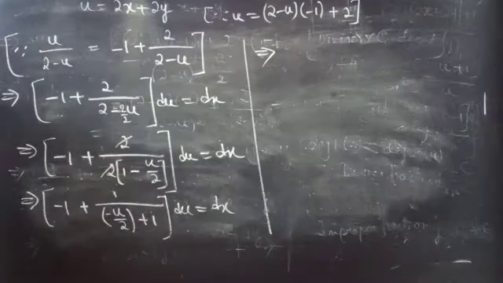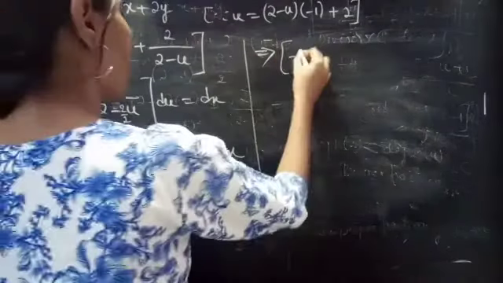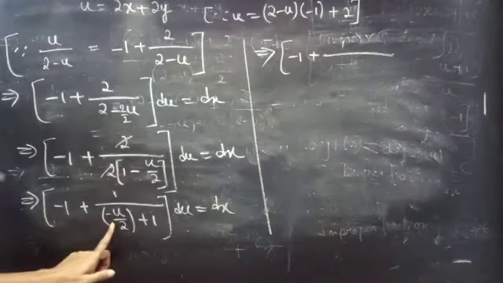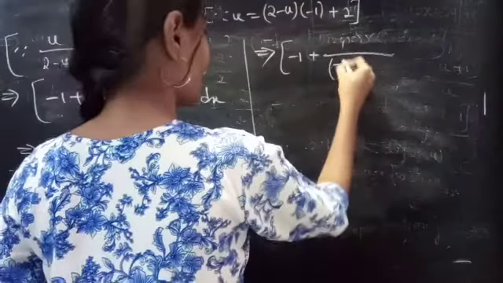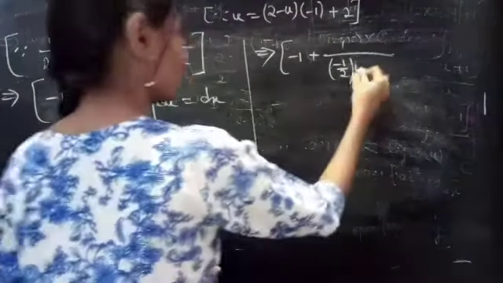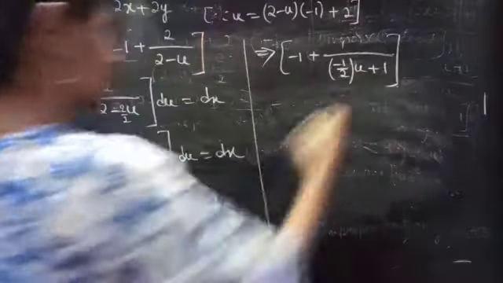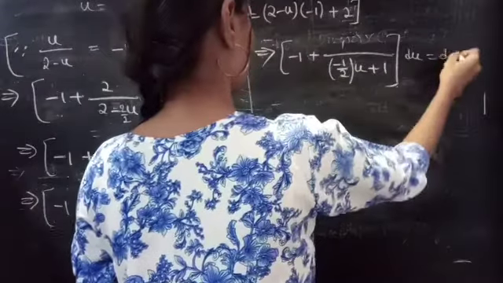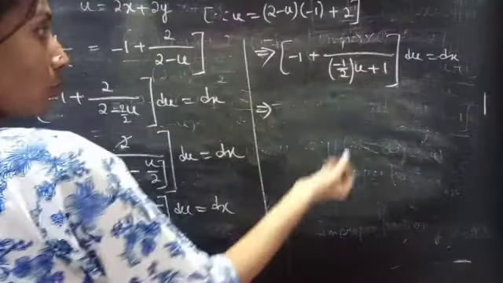Then minus 1 plus 1 by, now we'll write the coefficient of u separately under brackets, minus 1 by 2 into u plus 1, into du equals dx. Now we can perform integration.